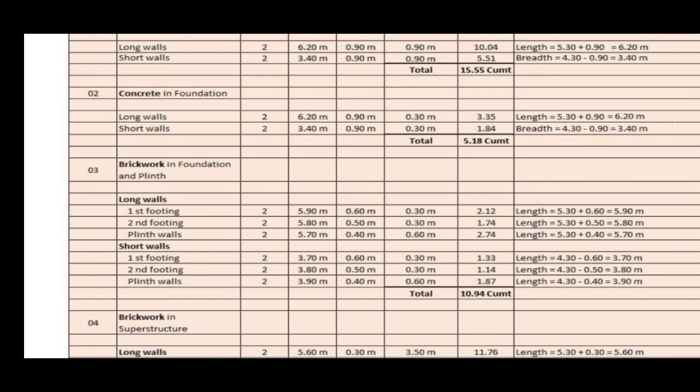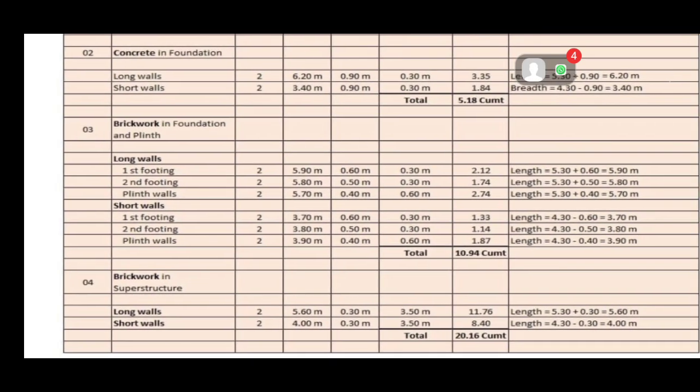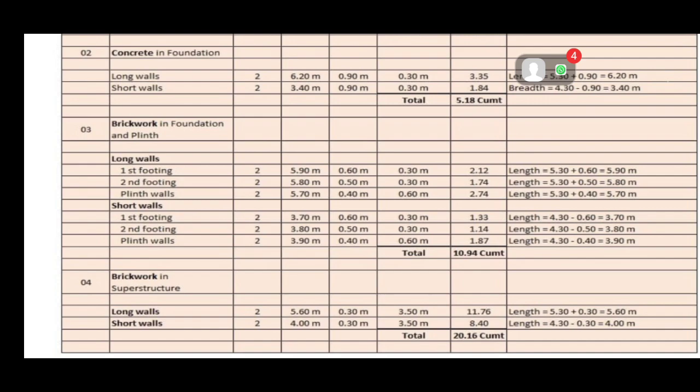The addition of all these brickwork quantities from long wall 3 steps and short wall 3 steps will give the total brickwork quantity, 10.94 cubic meters. Now the last item is brickwork in superstructure.